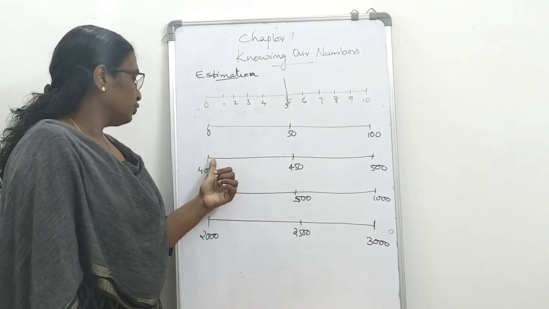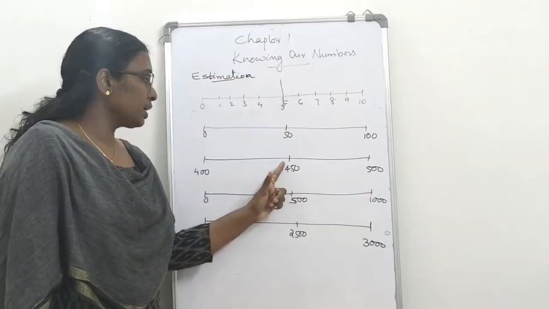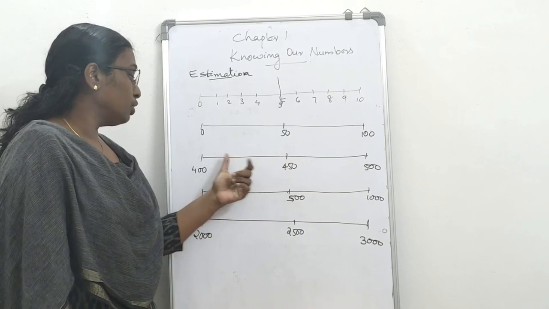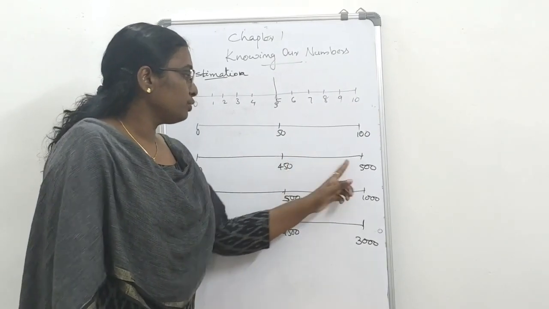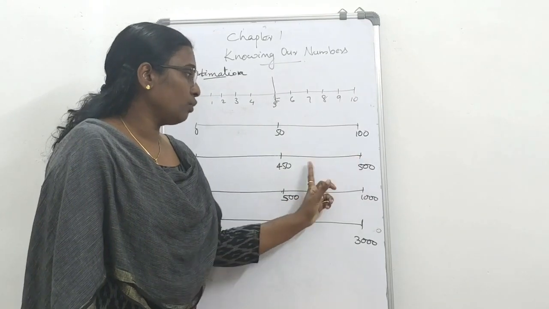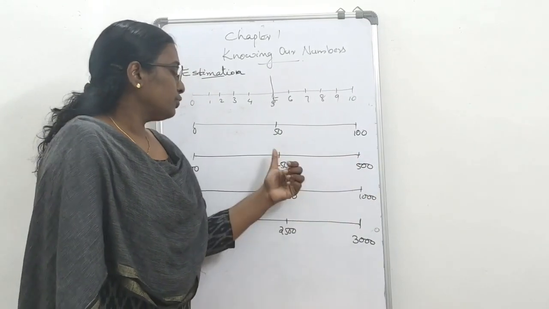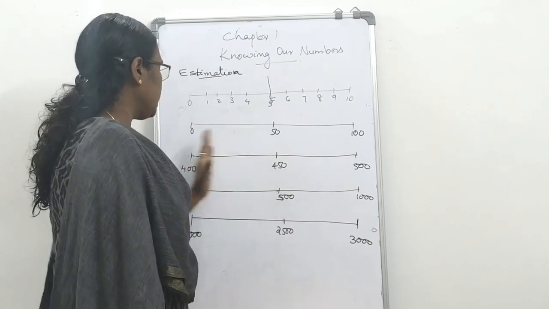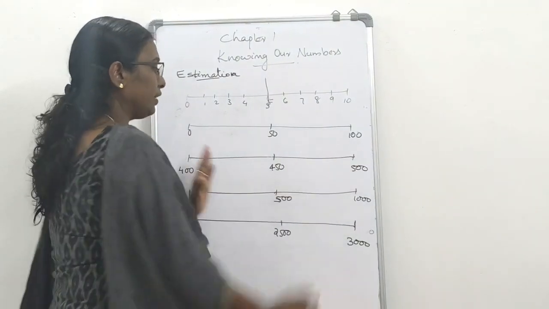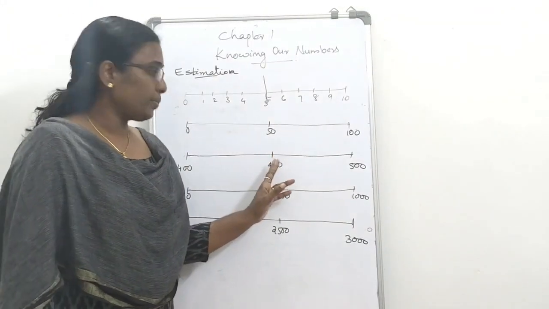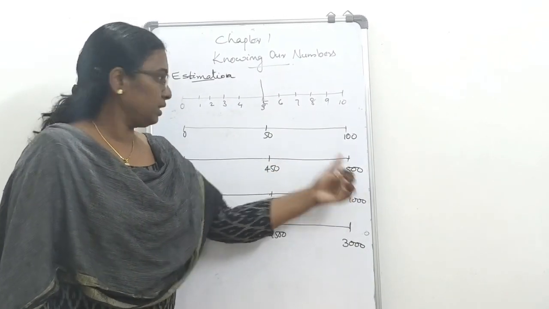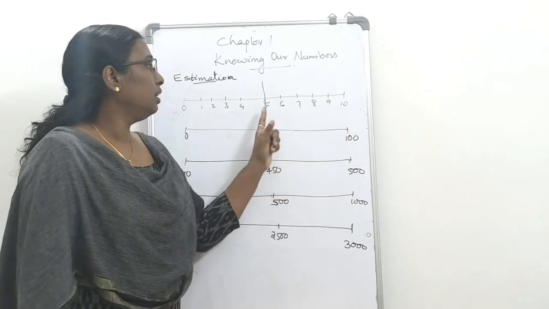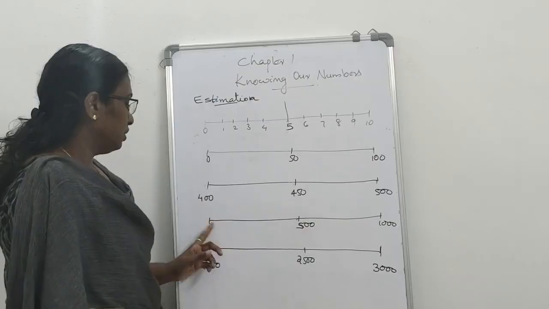The numbers from 401 to 449 round off to 400 and 451 to 499 round off to 500. 450 is equidistant from 400 and 500. So it is common practice to round off 450 as 500, 50 as 100, 5 as 10.